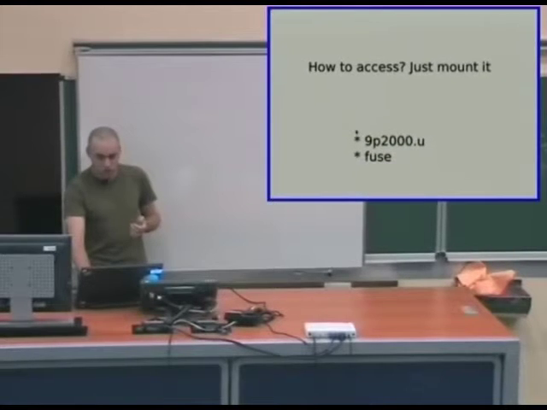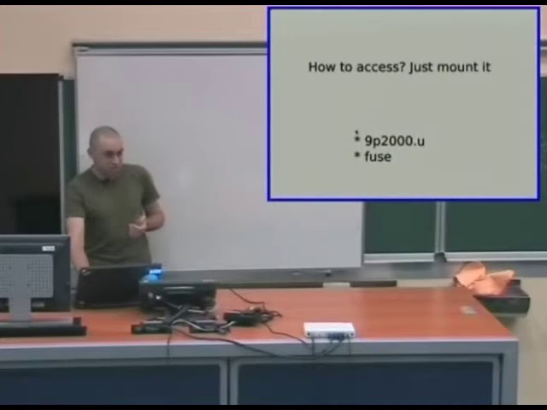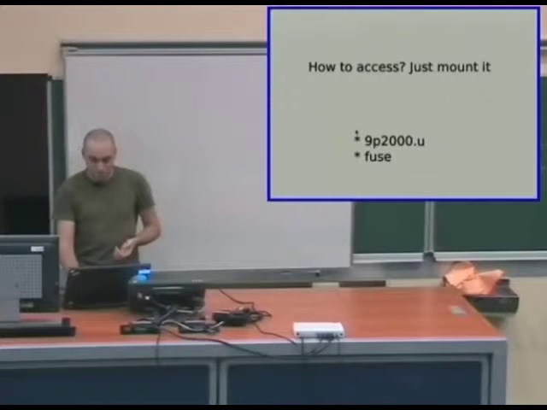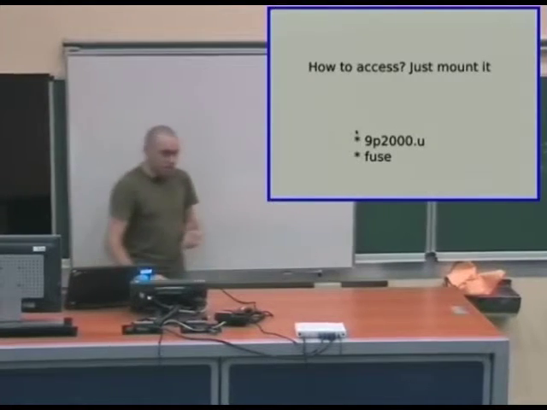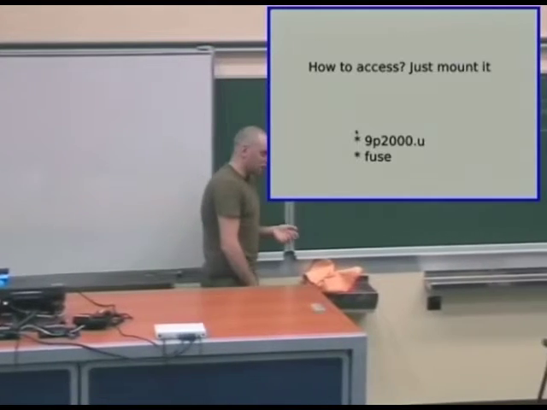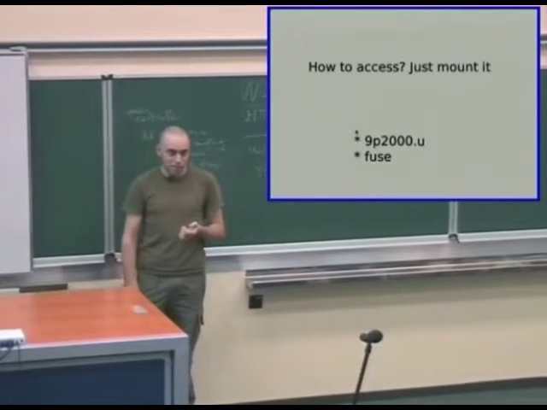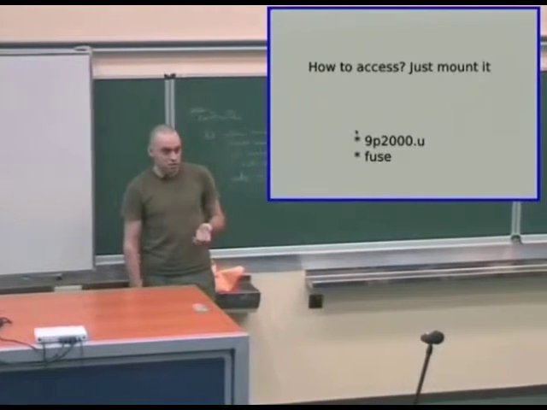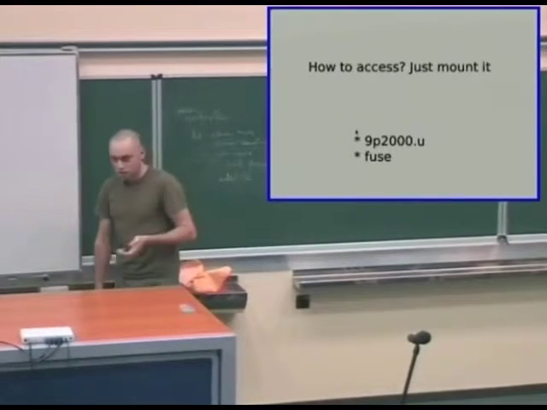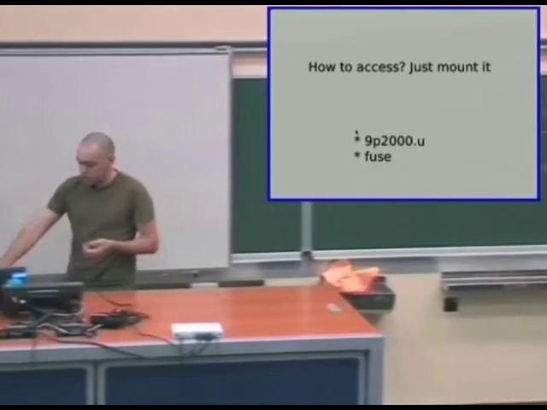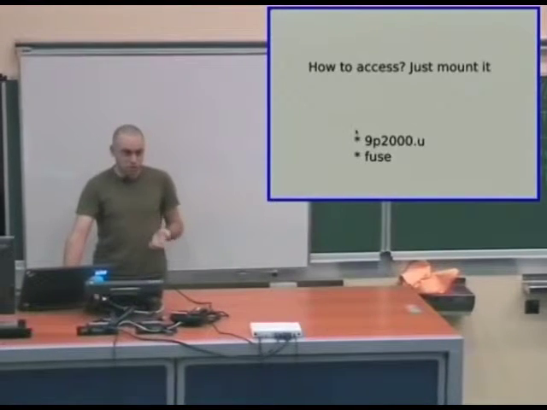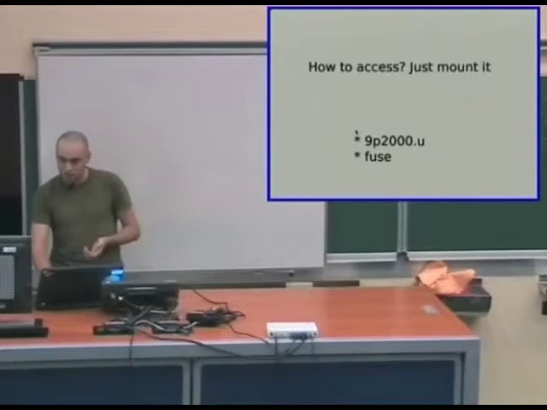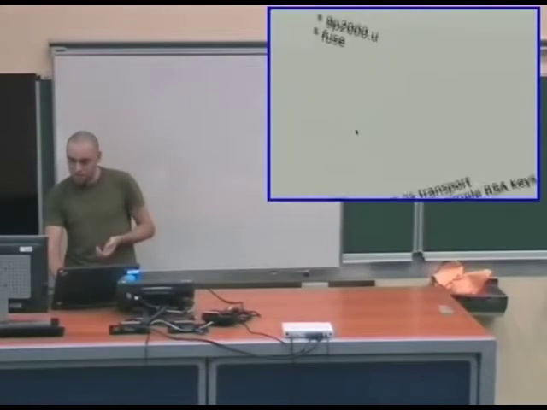And just mount. 9p is a file protocol, or RPC protocol, from the Plan 9 operating system. FUSE is widely used in Linux, so you can even run it on Windows or a similar operating system and mount anything anywhere else.